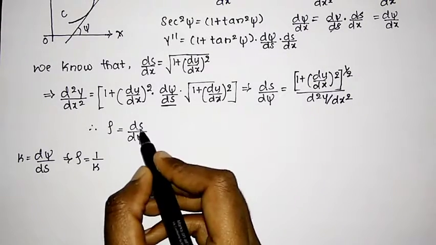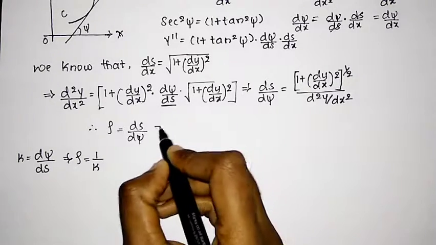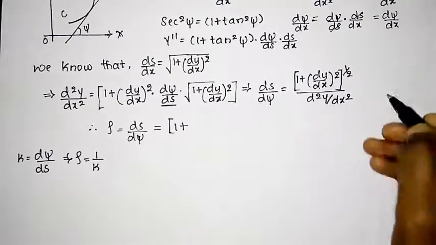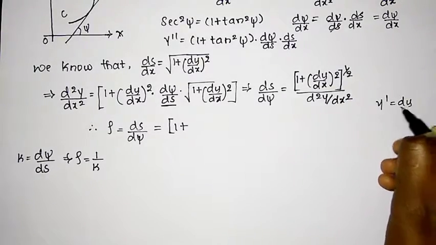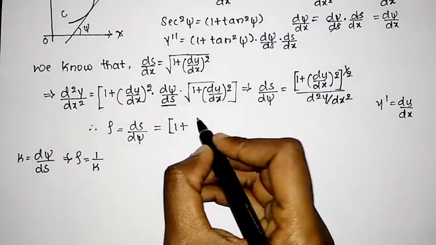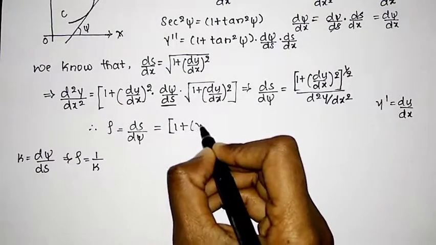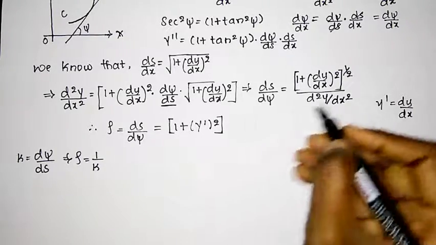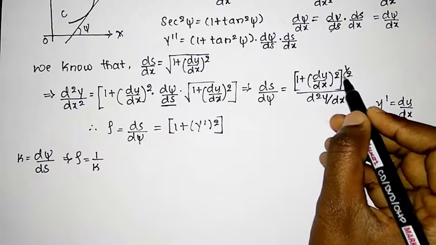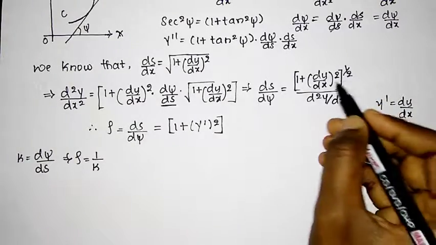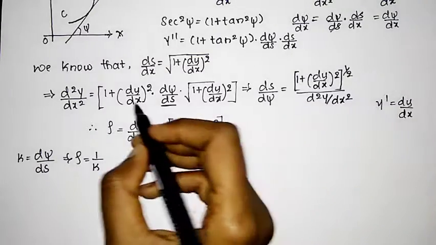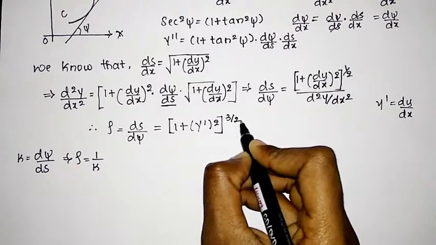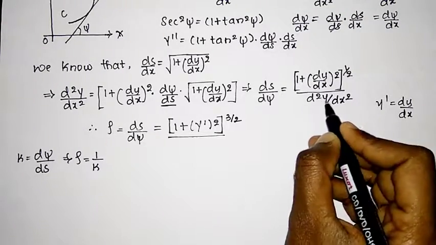So ultimately we have found ds upon d phi, which is equal to 1 plus y dash whole square. Y dash is nothing but dy upon dx, the first differentiation, so we just replace dy upon dx with y dash. Then it is raised to 1 by 2 and we have a square, so it becomes 3 by 2, divided by d square y upon dx square.